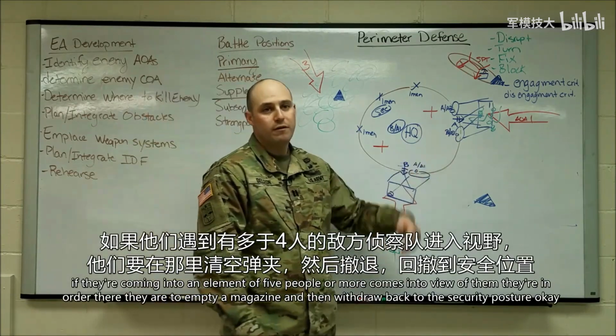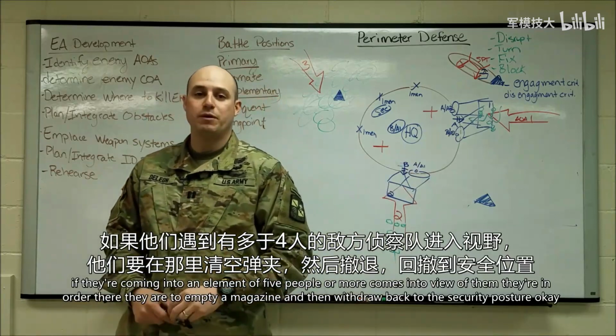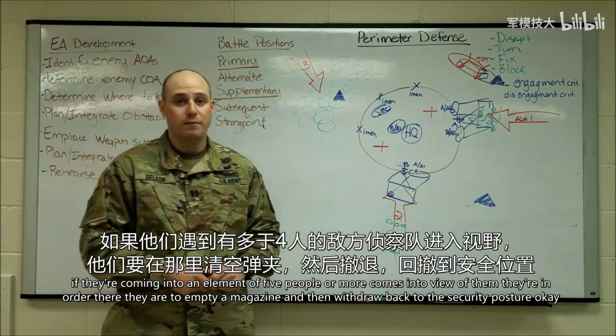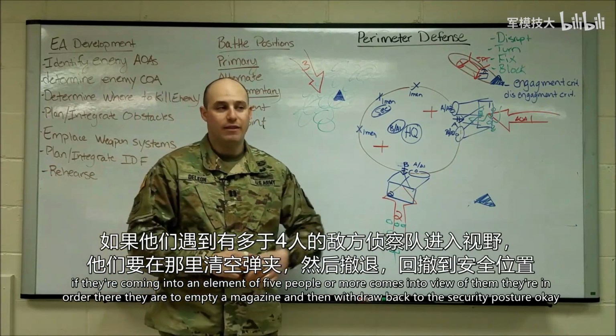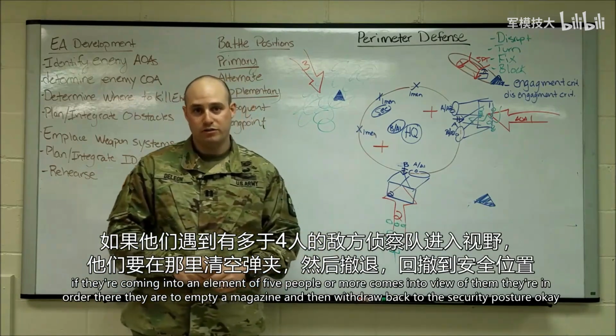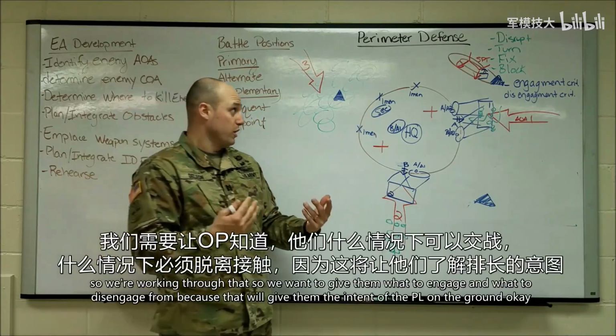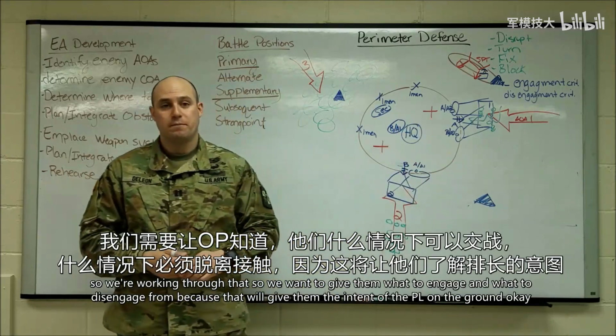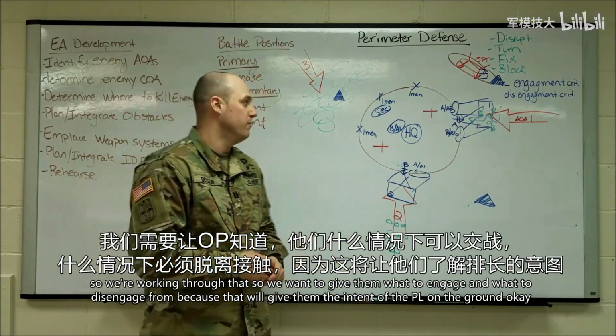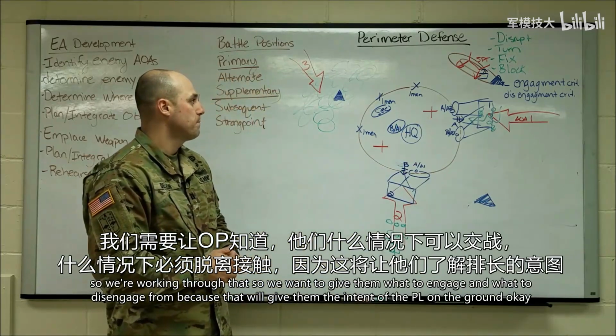If an element of 5 people or more comes into view of them, they are to empty a magazine and then withdraw back to the security posture, okay? So we're working through that. We want to give them what to engage and what to disengage from because that'll give them the intent of the PL on the ground, okay?